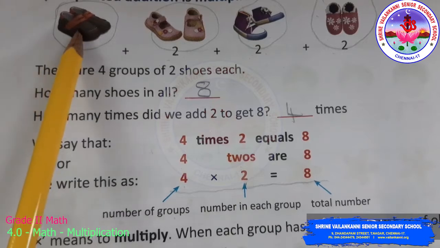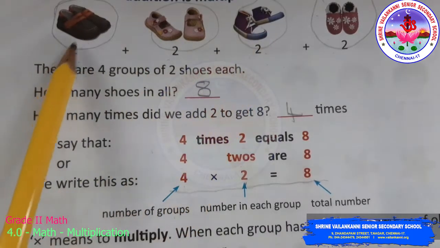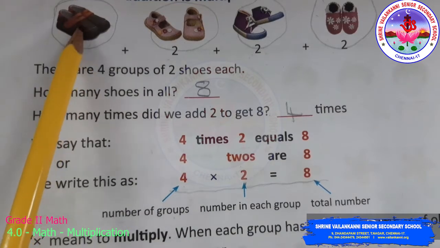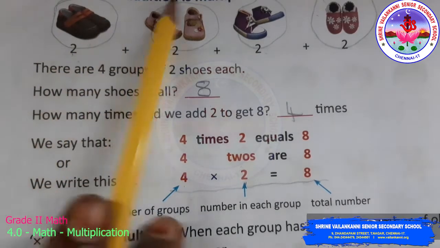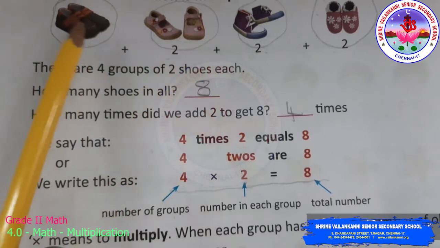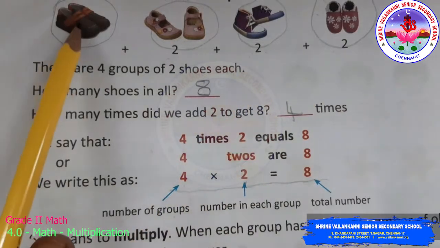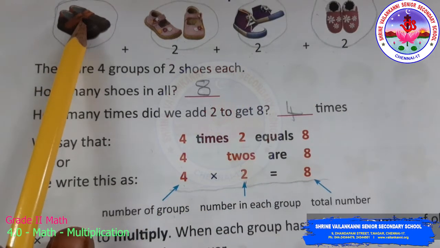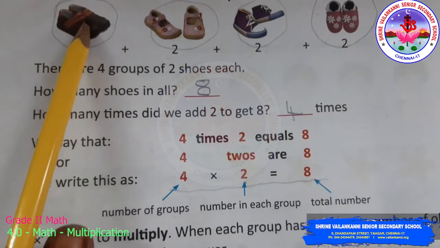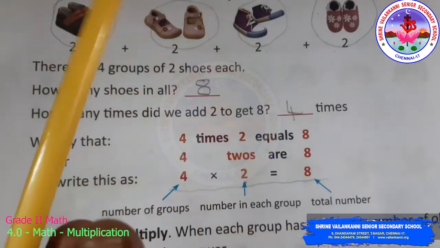See, you can only have the same number of things in each group. I cannot have 2 here and 3 here. That will not be a correct one. You can have any number of groups, but the number of things in each group should be the same. If I keep 2, it should be all the same. If I keep 3, all will have only 3.